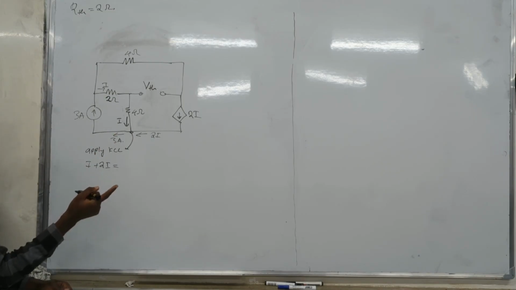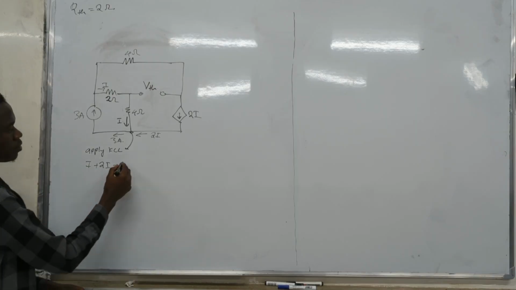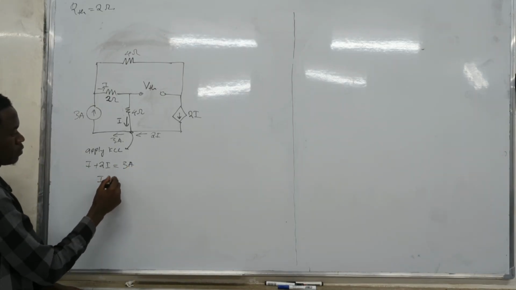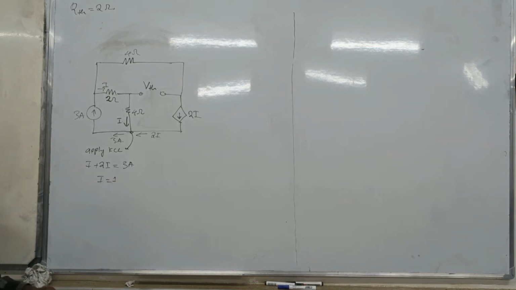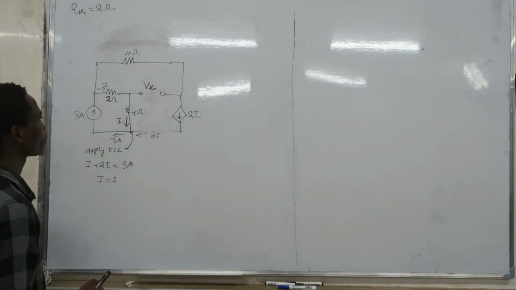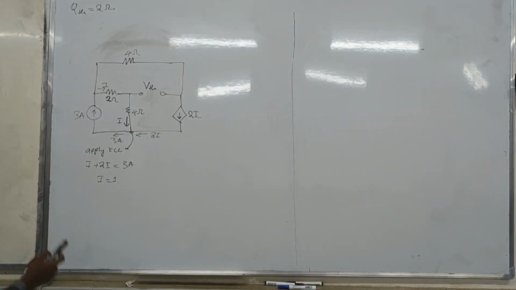Current entering is equal to current coming out. Therefore, I is 1 amp. So we have I, but we want to find VTH.